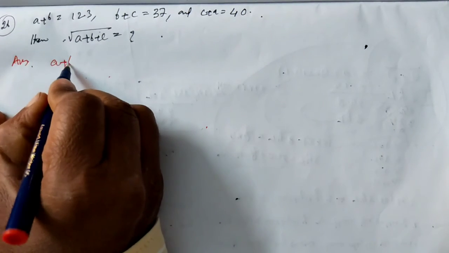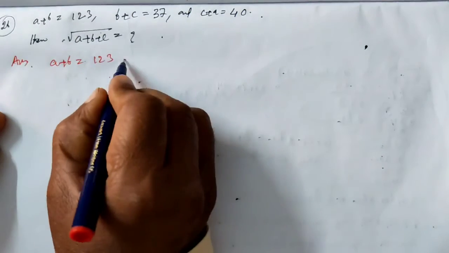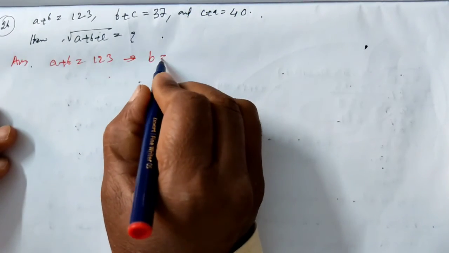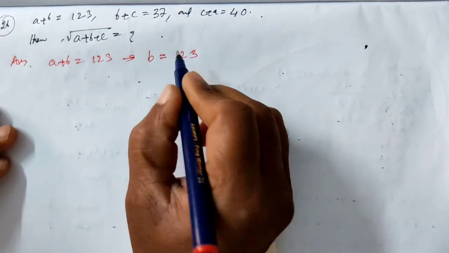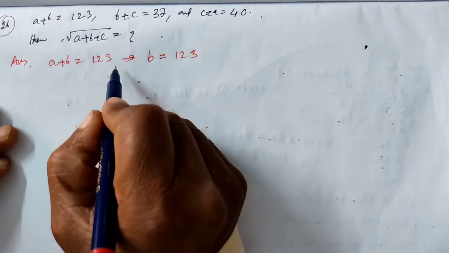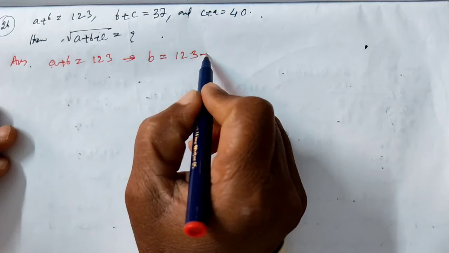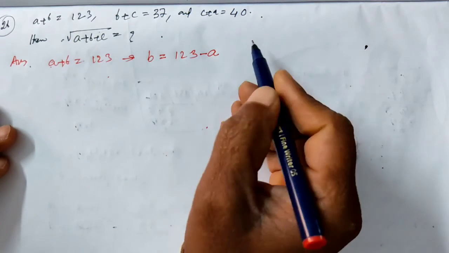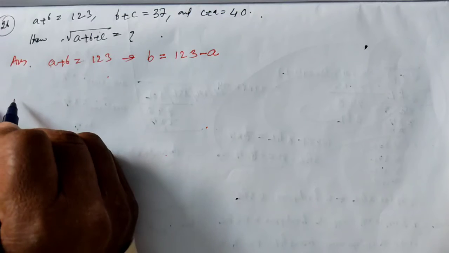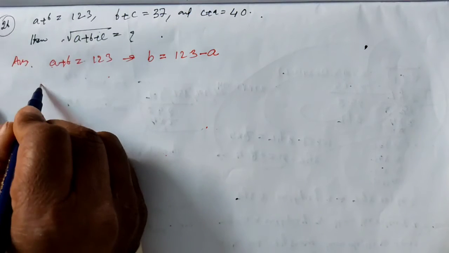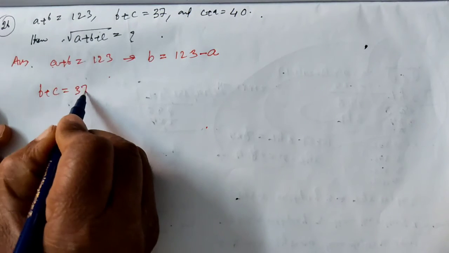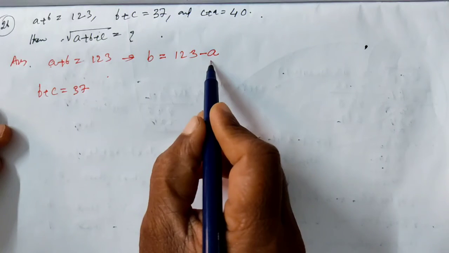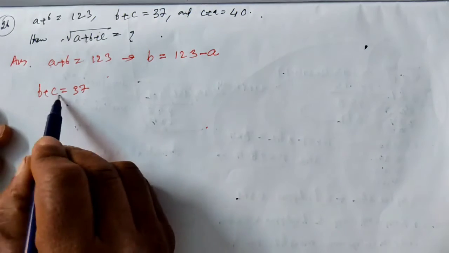So a plus b is equal to 123. From this, transpose this a to right side. So b is equal to 123 minus a. Okay. So as we know that b plus c is equal to 37, substitute this value of b in this.